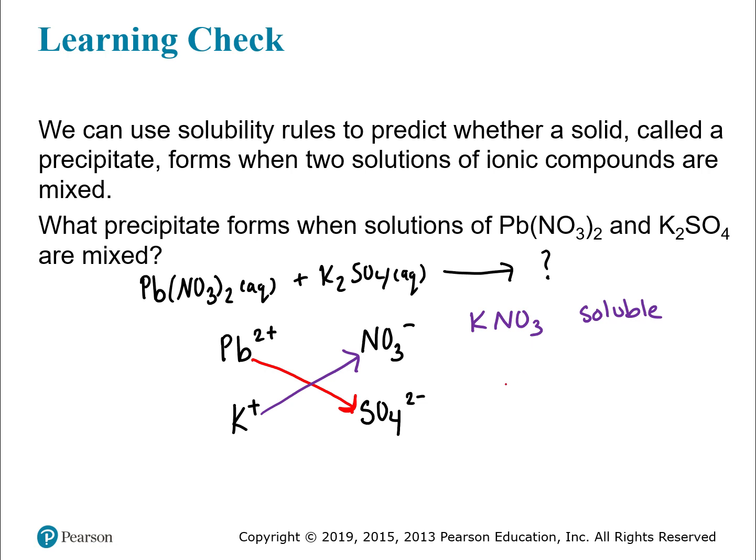If we put the lead 2 ion together with the sulfate ion, we make lead 2 sulfate. And with our solubility rules, we said, well, sulfates are usually soluble, but lead 2 is an exception. It's insoluble. That means that this is going to be our precipitate.